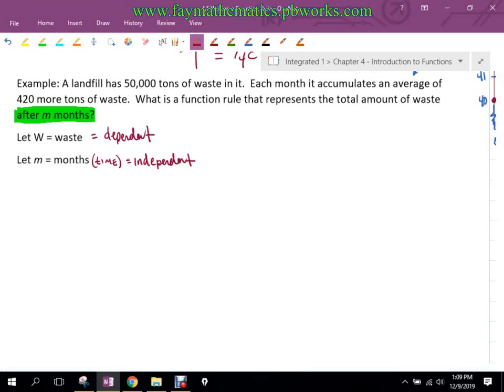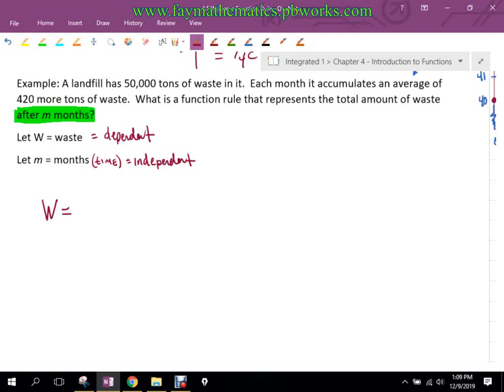Okay? Now, why do I think that's important for us to be able to do? Because every single time that we write a function, our dependent variable is going to be isolated all by itself and solved for all by itself. So right here, W is our dependent variable.